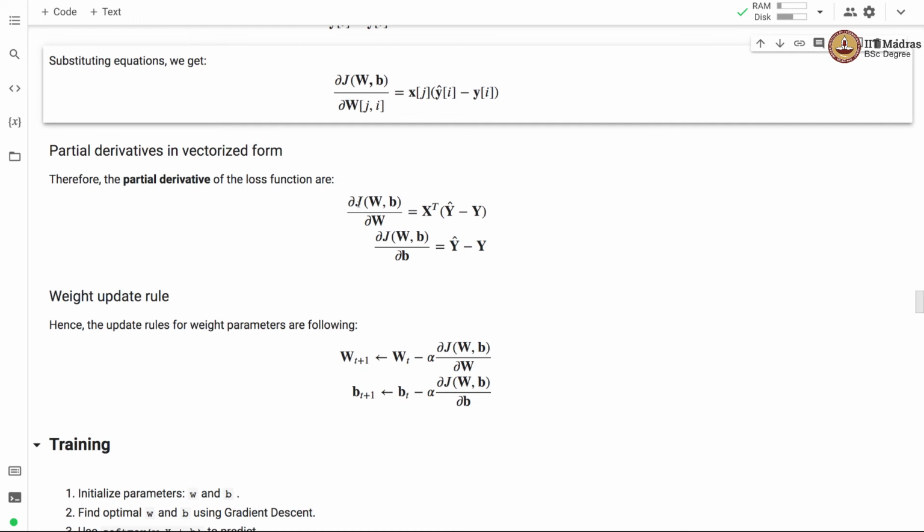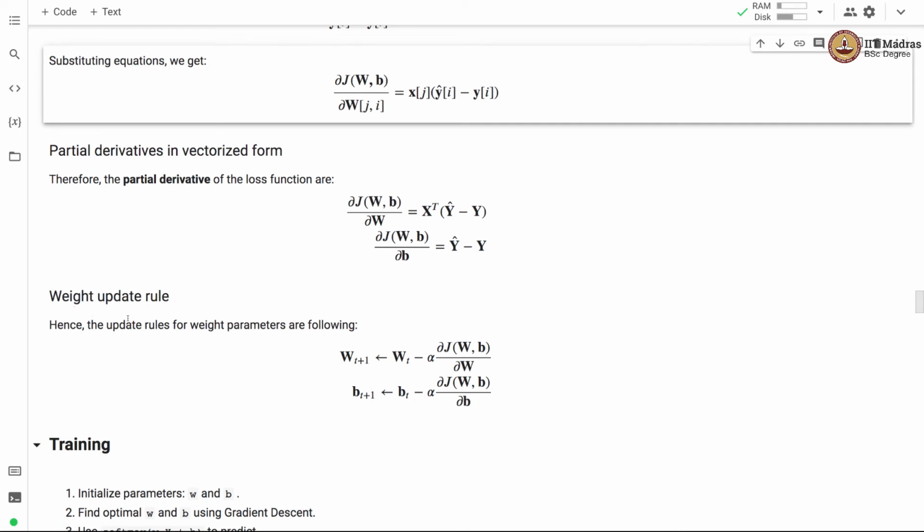So partial derivative of the loss with respect to the weight matrix is the transpose of the feature matrix into the prediction matrix y hat minus the label matrix y, and the partial derivative of the loss with respect to the bias vector is simply the difference between the prediction and the actual labels.